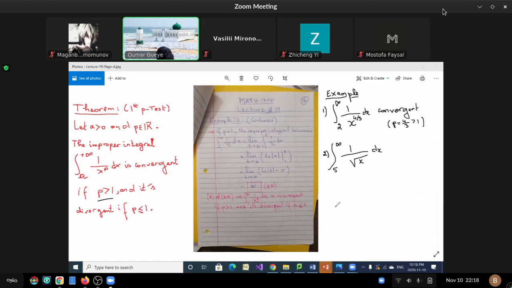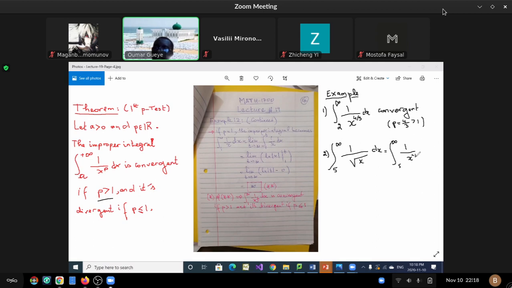Think about this one. Is it convergent or divergent? Divergent. Divergent, because what is the value of p in this case? 1 over 2. Exactly. Thank you. It's going to be the integral from 5 to infinity of 1 over x to the power half.